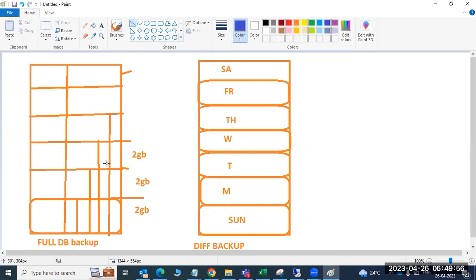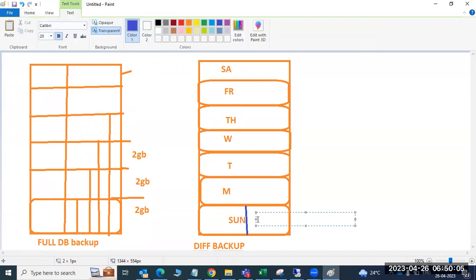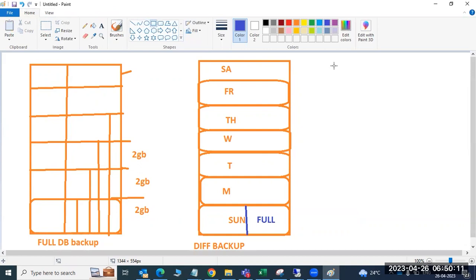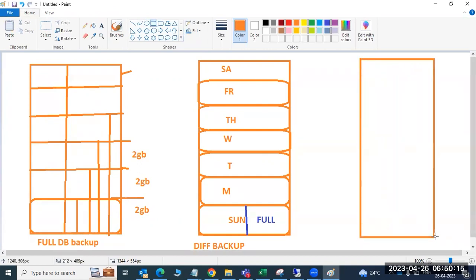For differential backup, on the first day, Monday, we have to take the full DB backup. Same as for incremental backup as well. We will also draw one diagram for the incremental backup, because these two will be confusing here.